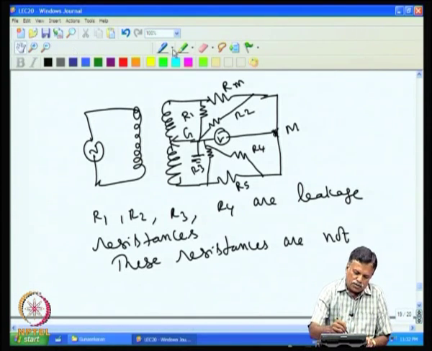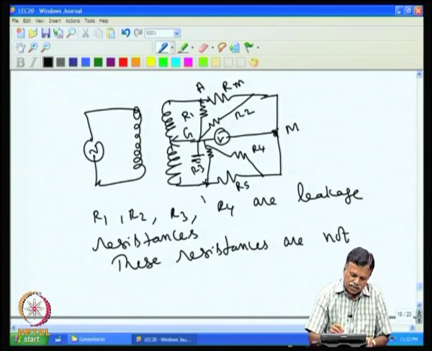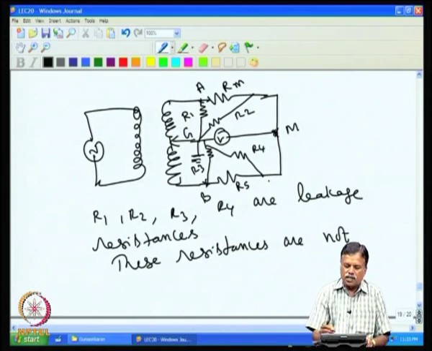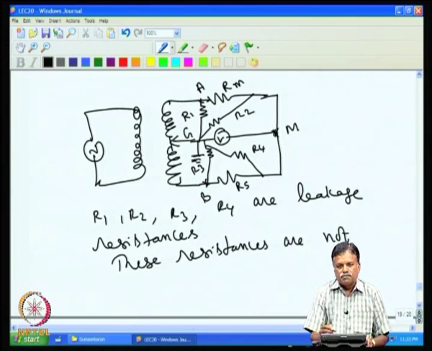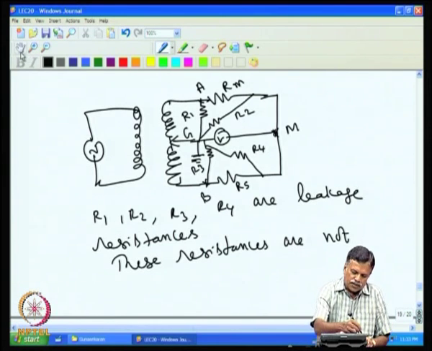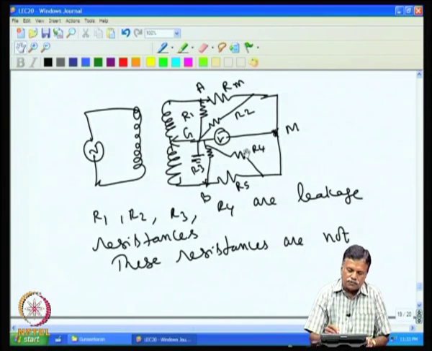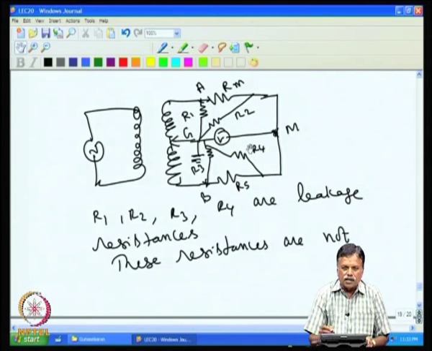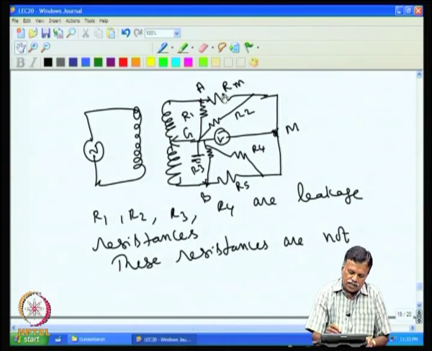So, essentially the voltages at A and B are unaffected by the resistances R1 and R3. That means the balance is not going to be affected by R1 or R3. So, all these 4 resistors R1, R2, R3, R4 are not contributing in any way to the balance of the bridge. The net result is you will get the resistance value Rm accurately.